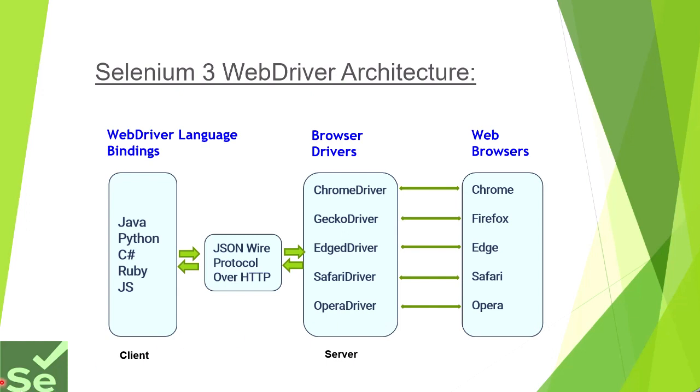The actual browser receives the request from its respective browser driver and performs the action on the application according to the request. The browser responds back to its driver with the output, and the browser driver sends back the response received through the JSON format via HTTP protocol to the client.